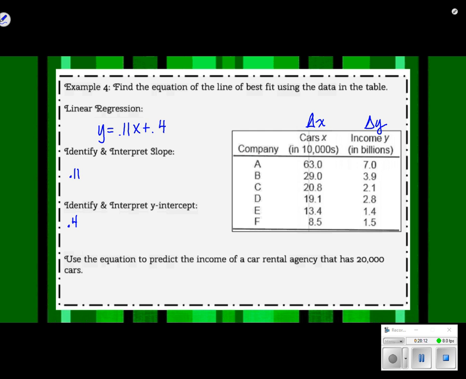So let's go ahead and do this. $1 million over 10,000 cars. So this is one of the things that is a little bit on the difficult side when they start using these other units, is that you kind of need to do a little bit of a conversion.